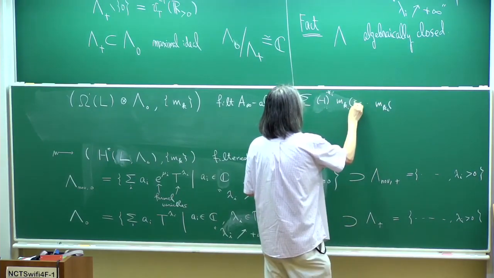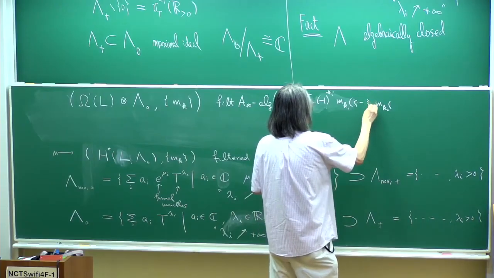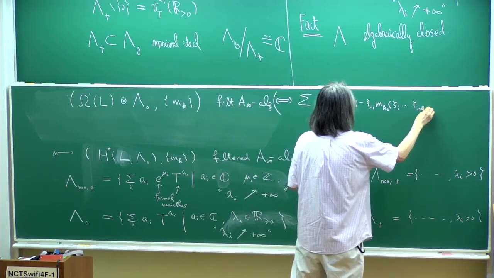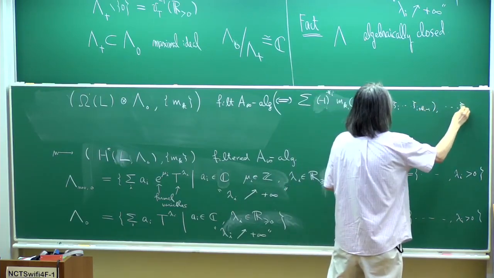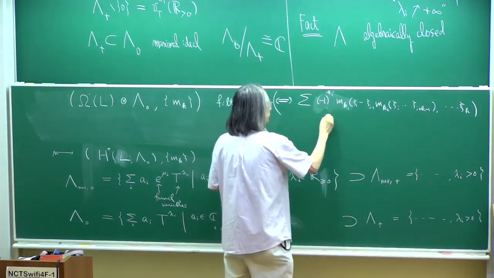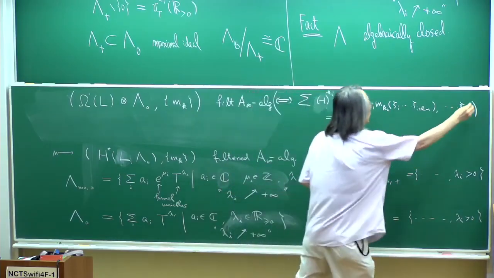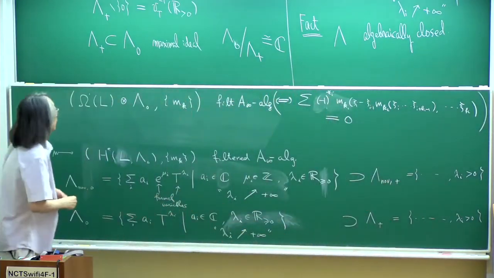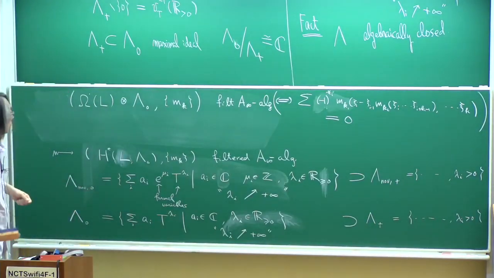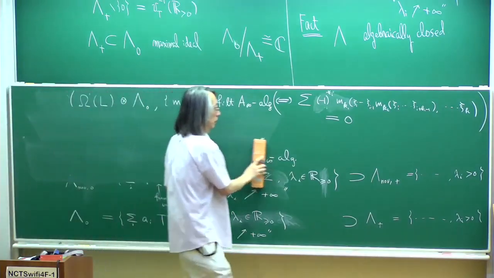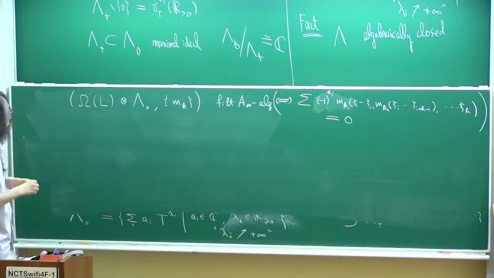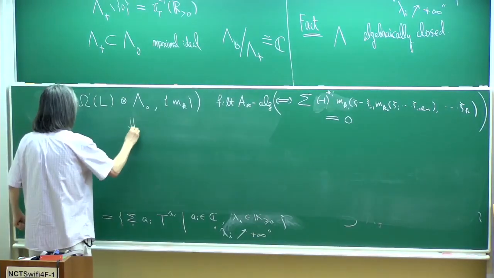So here I have xi_1, xi_{-1}, and here xi, xi_{k2-1}, and xi_k or something. If you consider such an infinite sum, then this is equal to 0, right? So first we can cook up a filtered infinity algebra.